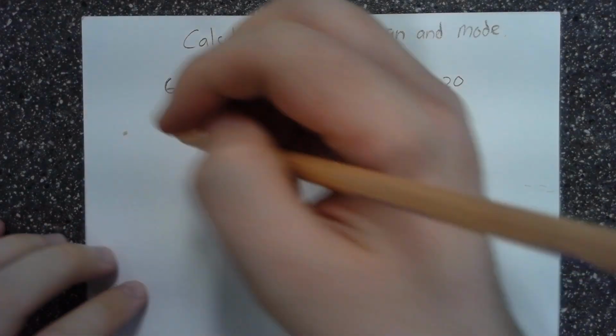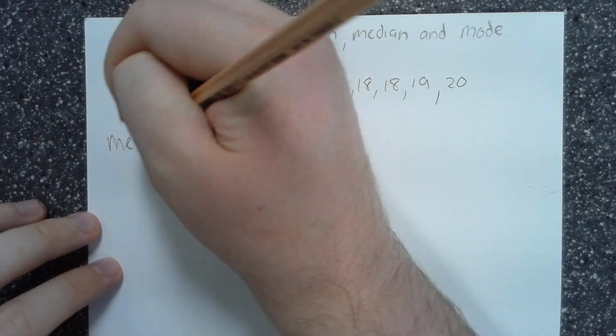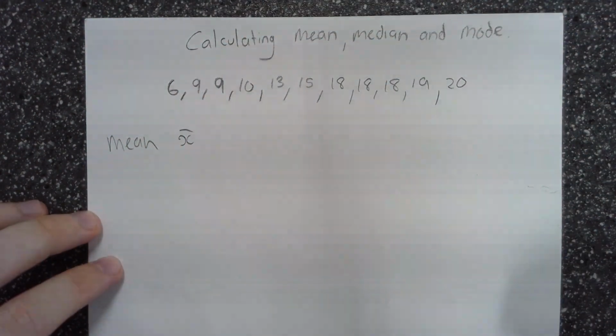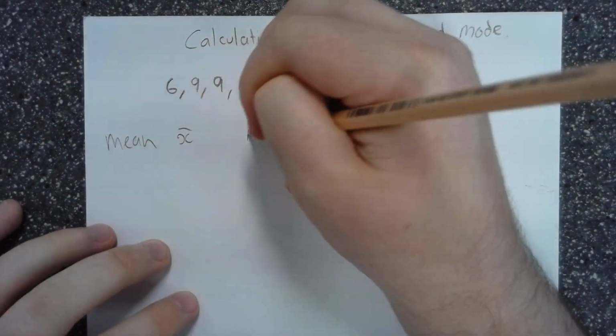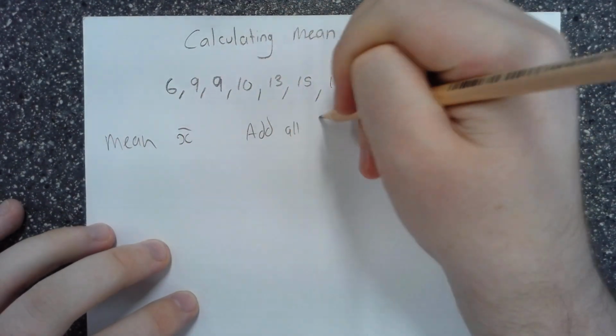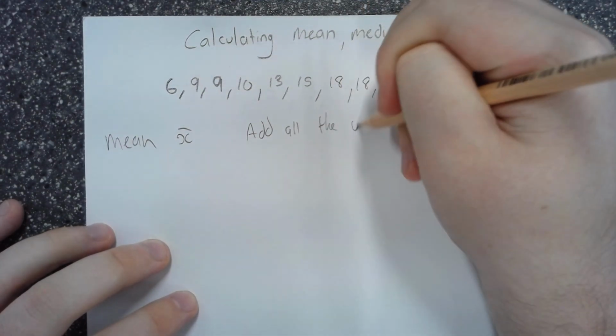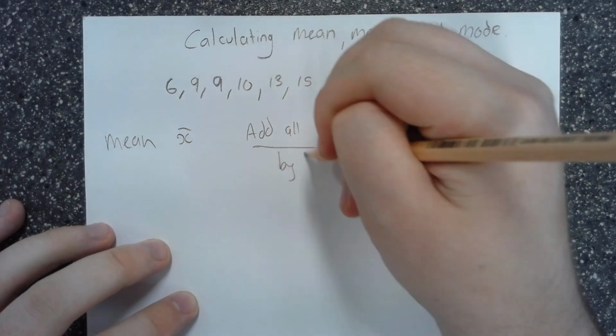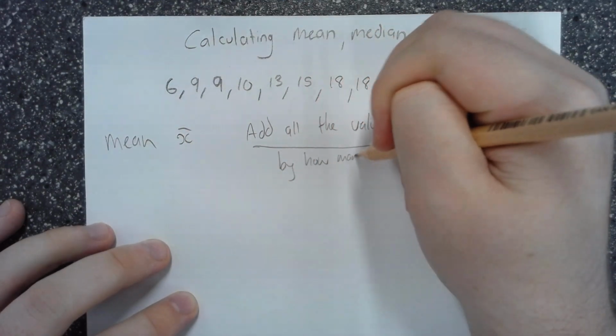So to do the mean first, which is this symbol, we need to add all the numbers together, and then we're going to divide it by how many there are.